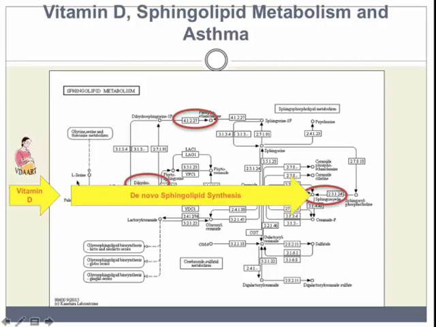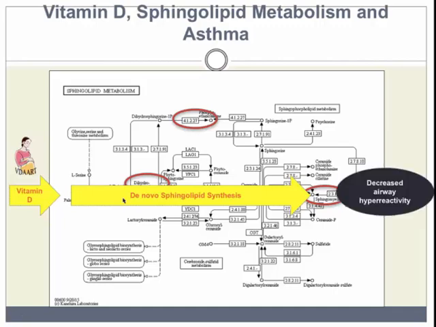So here we see that vitamin D causes upregulation of this pathway, because this pathway is good to decrease airway hyperactivity. I just want us to look at this model, because we're going to be talking about this very regularly as we continue on. The concept here is vitamin D is increasing general sphingolipid synthesis, which decreases airway reactivity.